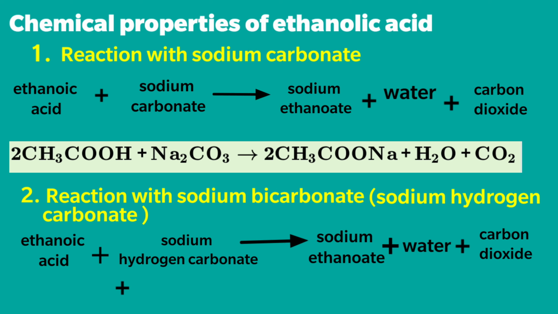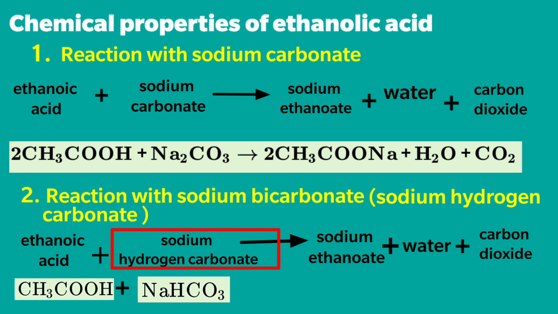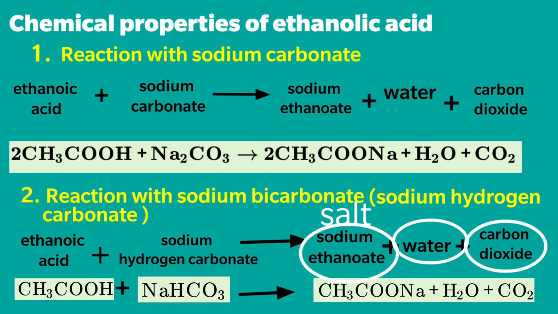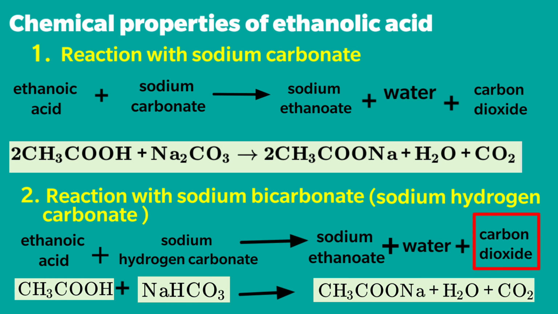We can write this equation: CH3COOH, this is the formula of ethanoic acid, plus NaHCO3, this is sodium hydrogen carbonate, or we can also say sodium bicarbonate, gives CH3COONa, this is sodium acetate, plus CO2, this is carbon dioxide, plus H2O. In this reaction, we also get salt, carbon dioxide and water. In this reaction, carbon dioxide gas is evolved.